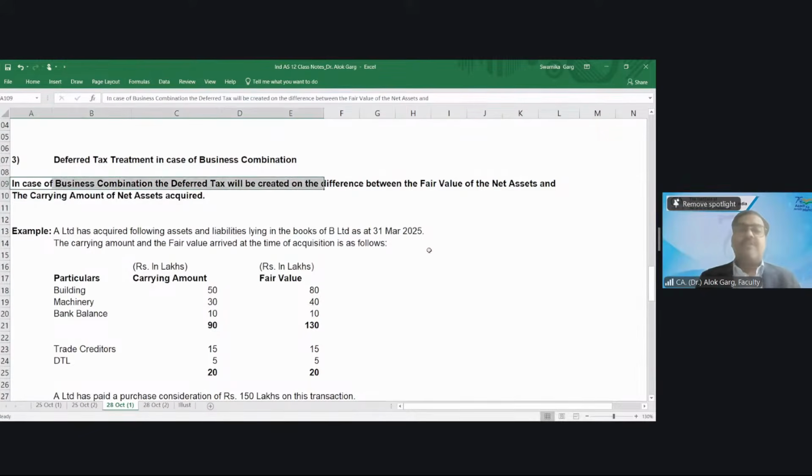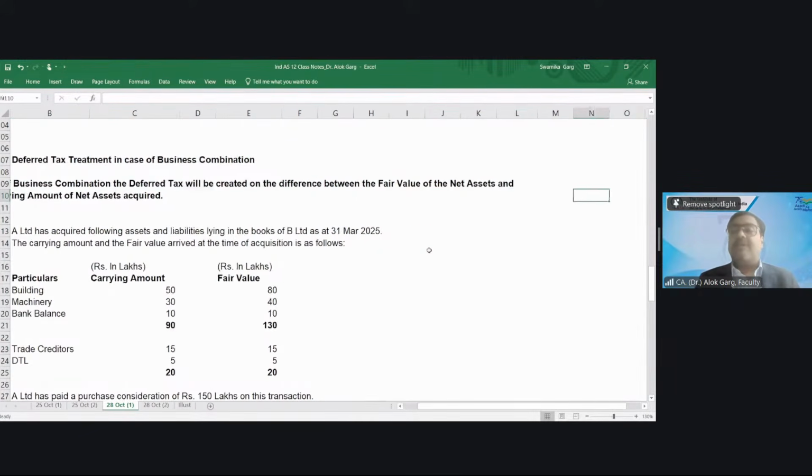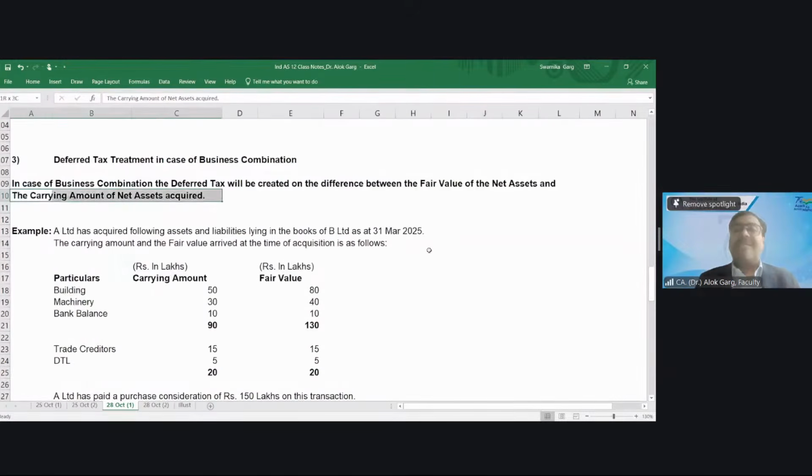In case of business combination, the deferred tax will be created on the difference between the fair value of the net assets and the carrying amount of the net assets acquired. Example: A Limited has acquired the following assets and liabilities lying in the books of B Limited as at 31st March 2025. The carrying amount and the fair value arrived at the time of acquisition is as follows.